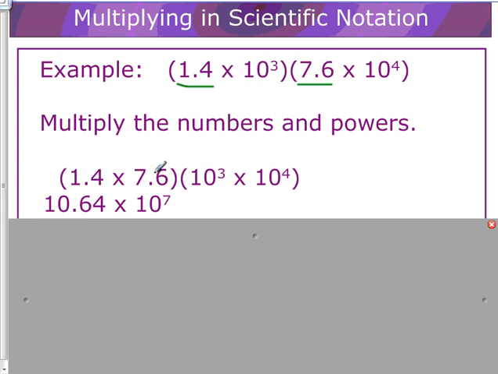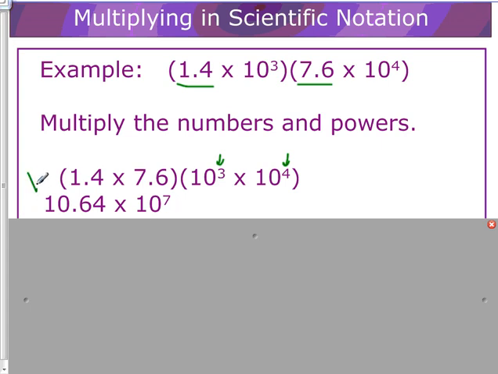When you multiply 1.4 times 7.6, you get 10.64, and then I'm going to multiply my 10 cubed times 10 to the fourth power by adding my exponents, so in this case the 3 and the 4, and we get 7. So now I have 10.64 times 10 to the 7th power. Now if you remember from yesterday, think about it.